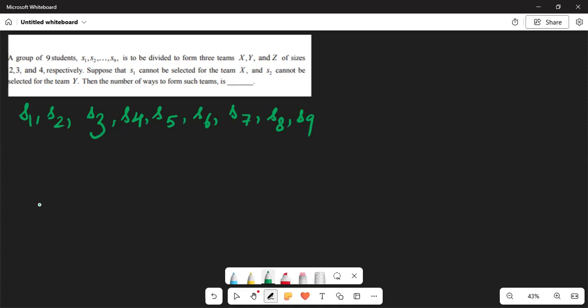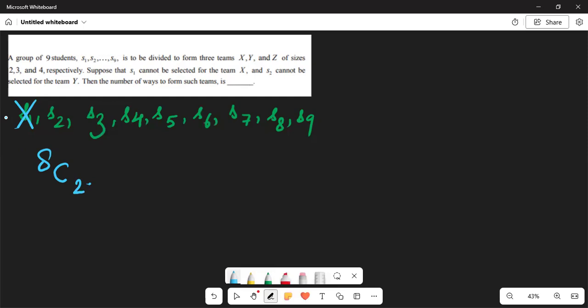S1 should not be there in X, so that means while choosing for X, S1 should not be included. So now we have 8 students, S2, S3 till S9, and it is very easy to make a choice for X. How? 8C2. We need 2 students in X.